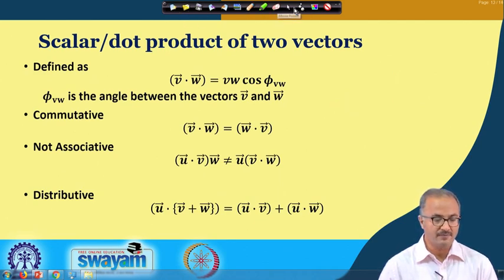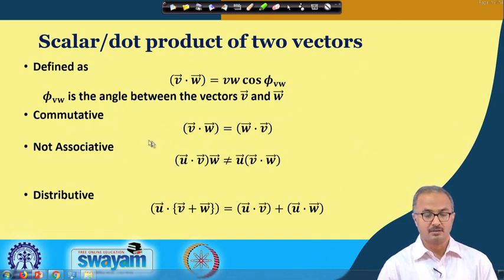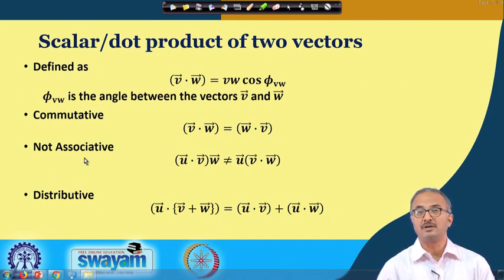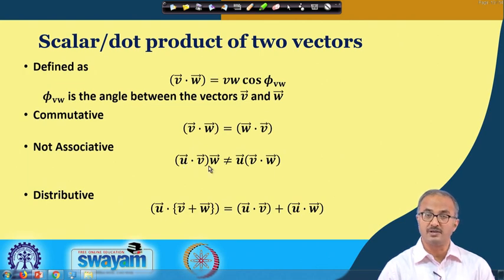Next we see whether the dot product of two vectors is commutative or not. Here we see yes, it is commutative. v dot w is equal to w dot v. Next we go to associative, how we are associating the various vectors. Here we have three vectors u, v, w. Taking the dot product first, u dot v is a scalar now.